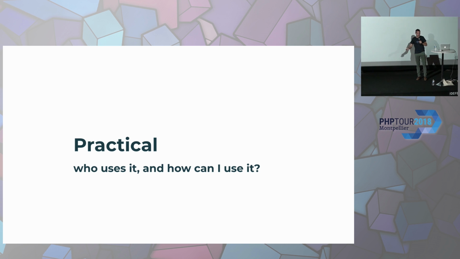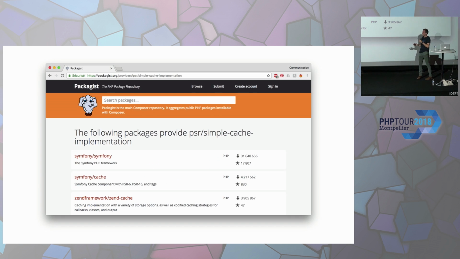So, again, the practical part of this is who uses it and how can I use it. It's basically the same. We can go to packagist.org and find PSR simple cache implementation and see who provides it. Again, Symfony Cache is up there. Symfony Cache basically provides you with PSR6 and PSR16, whichever you prefer.